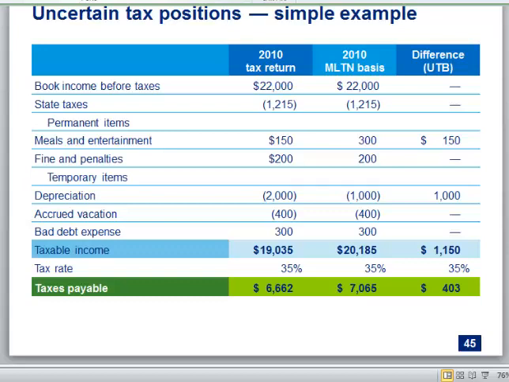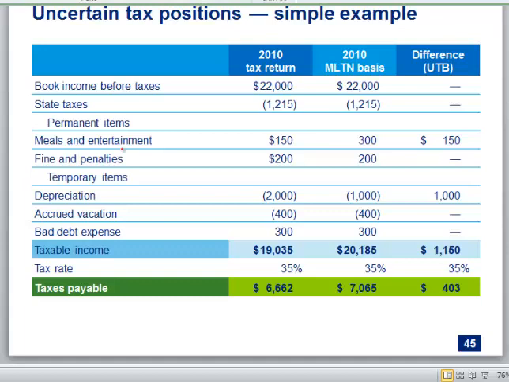Okay, so simple example. I don't know that this is necessarily the way it works in the real world, but in theory, what companies would do is line up their tax return and compare it to what their outcomes are on a more likely than not basis and compute the differences.